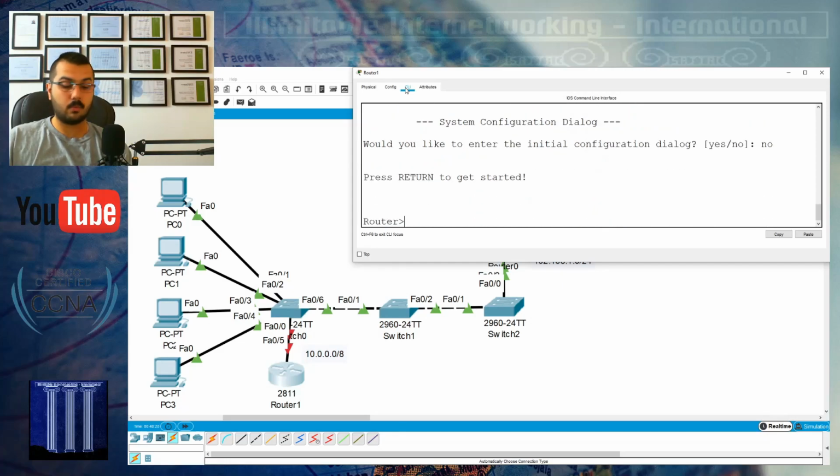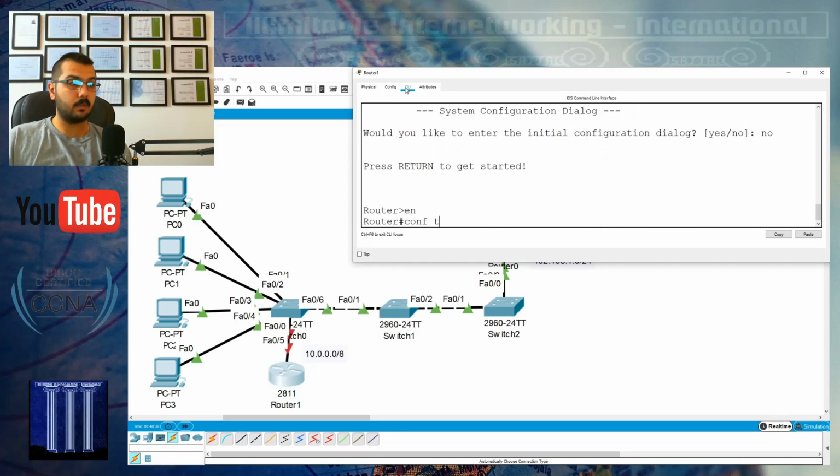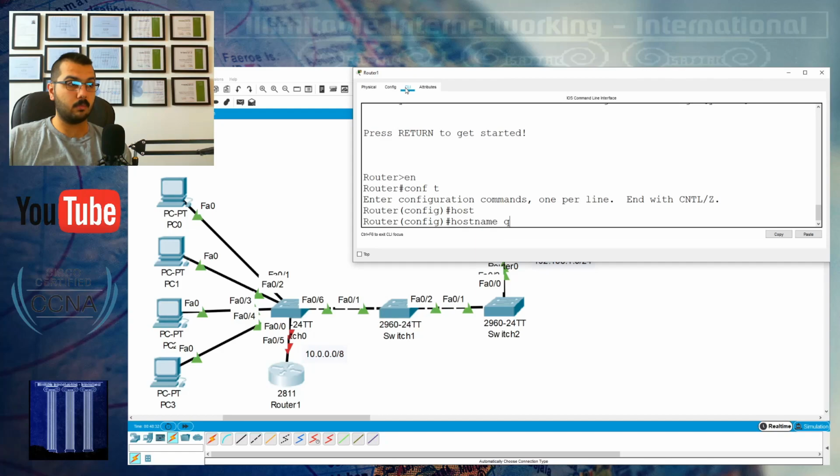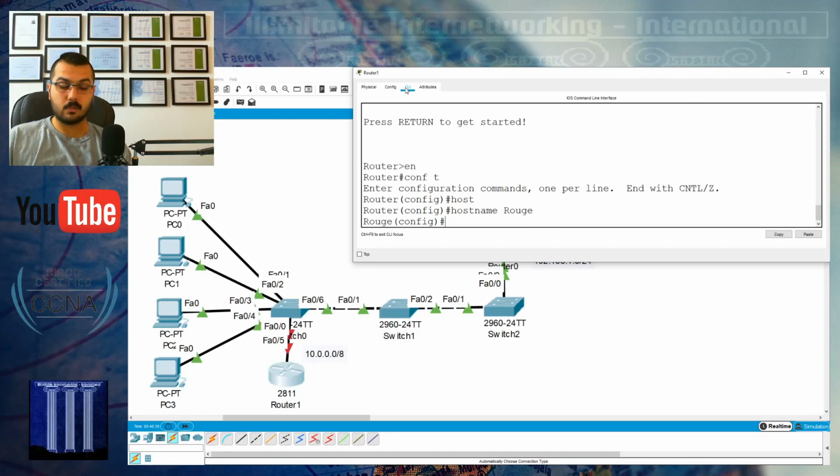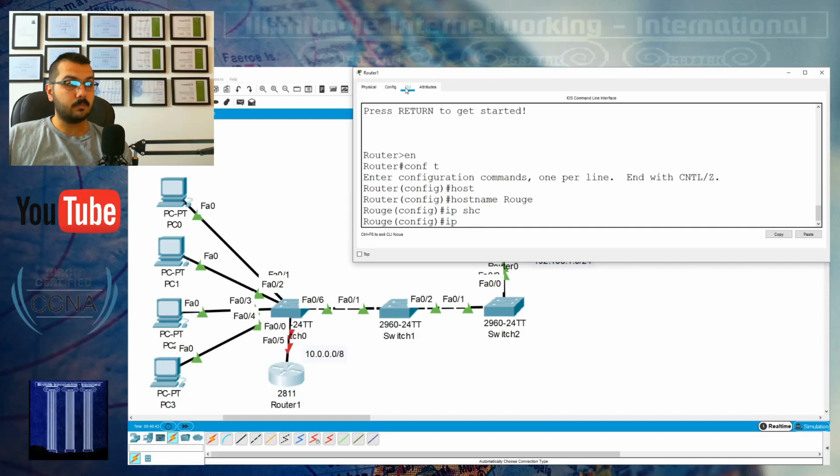Okay, enable, configure terminal. The hostname will be the man in the middle, or the rogue. He's saying that I'm a rogue. Okay, anyway. No, I'm sorry. First, the interface, the initial config, which is FastEthernet 0/0.